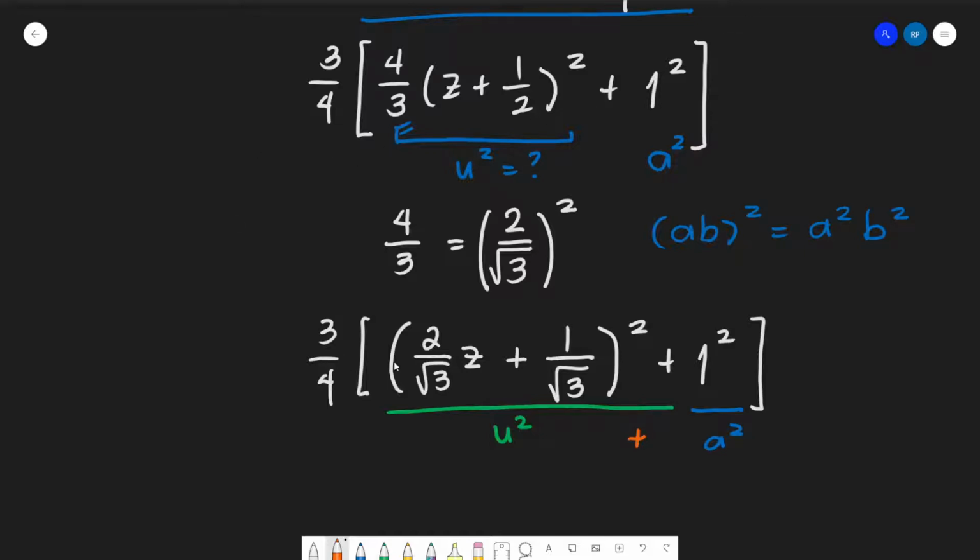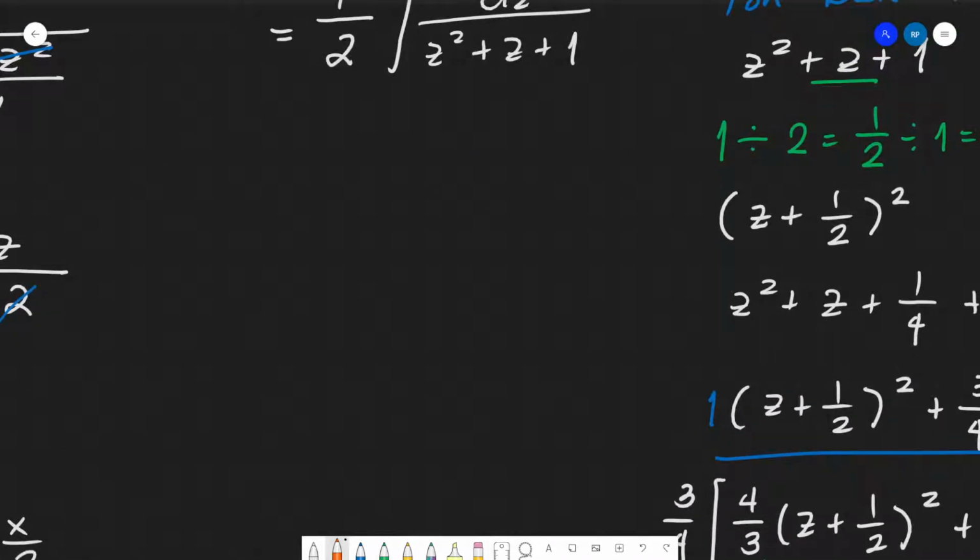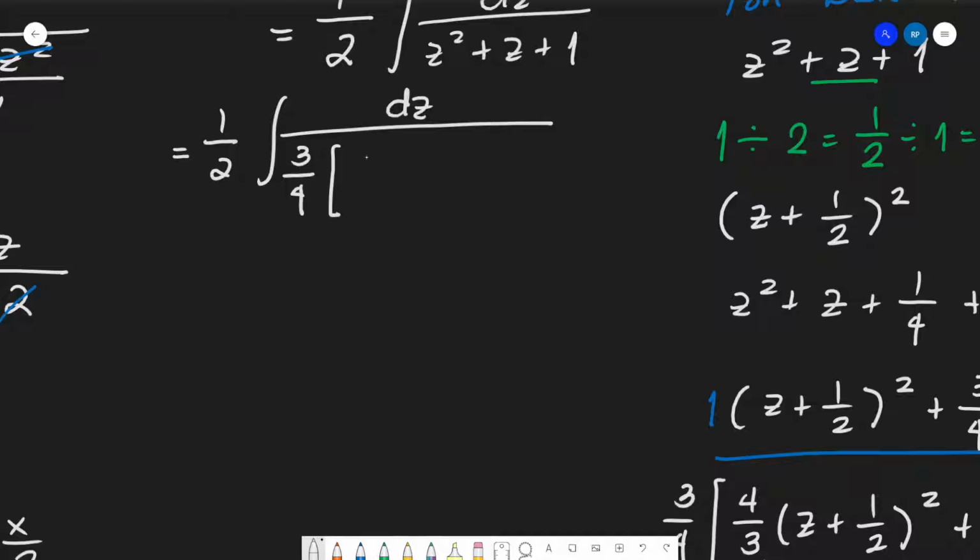Okay? So, ikakopy lang natin to kasama yung 3 over 4. No? Kasama tong 3 over 4 doon sa denominator dito. So, we will have 1/2 times dz over 3 over 4 times 2 over square root of 3z plus 1 over square root of 3 squared plus 1 squared.